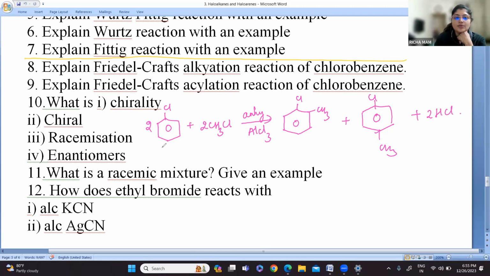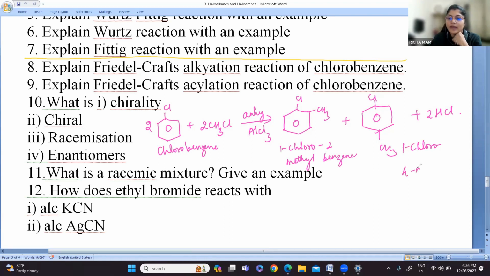So chlorobenzene, this is 1-chloro-2-methylbenzene, and this is 1-chloro-4-methylbenzene. This is alkylation.